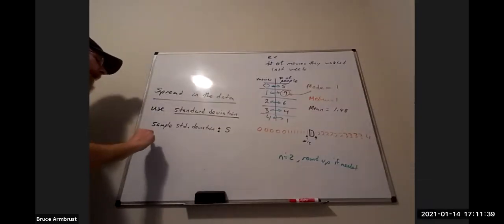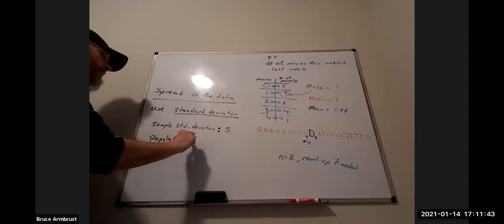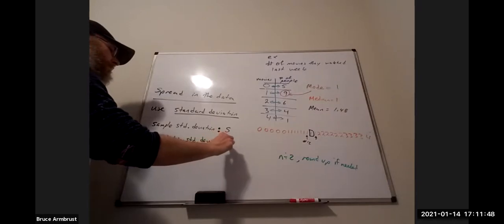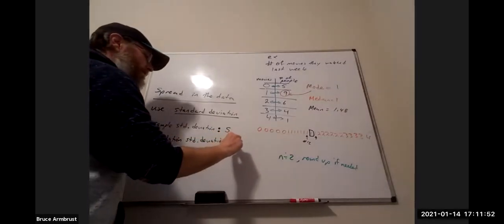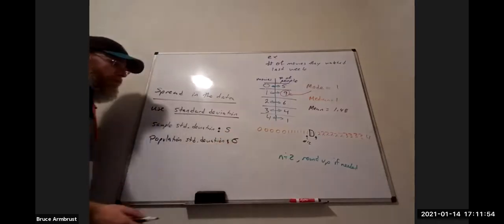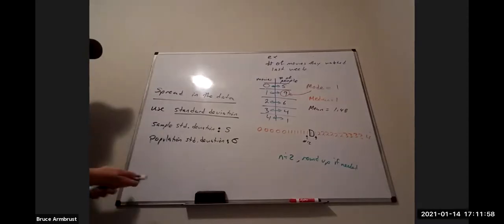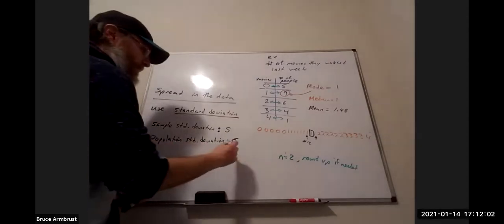Okay, if we're talking about the population standard deviation, we use the letter sigma, which is sort of like a little squished 6. Okay, but this is the Greek letter sigma.